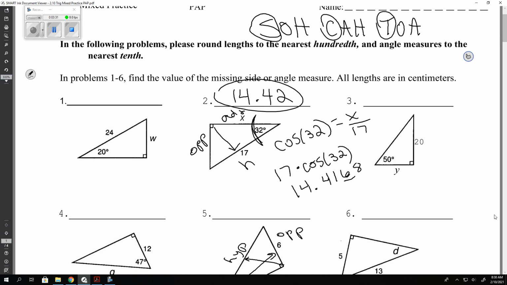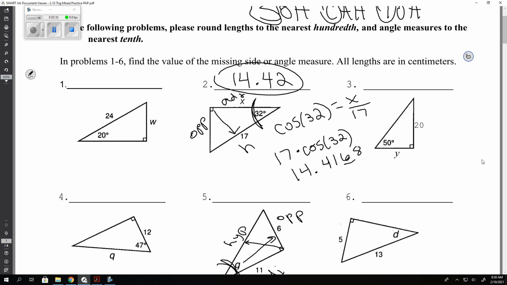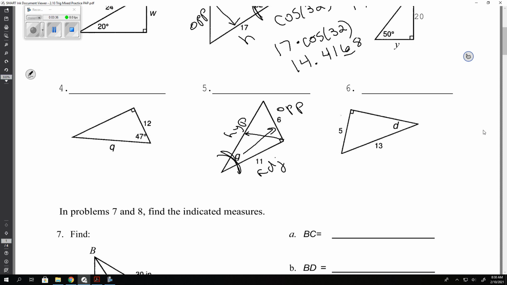That's going to be what? Tangent. Adjacent, opposite, tangent. So the tangent of question mark, well, it's really G, because that's what they got there, right? Tangent of G, and tangent is opposite over adjacent, so 6 over 11.